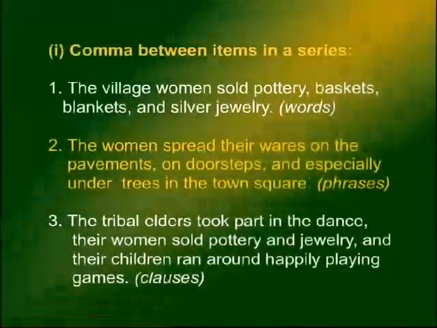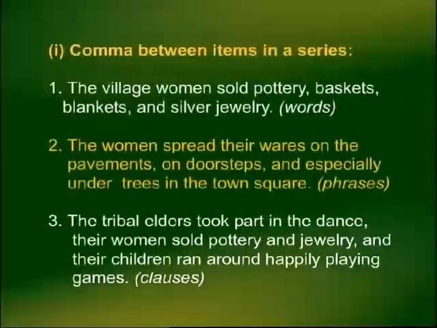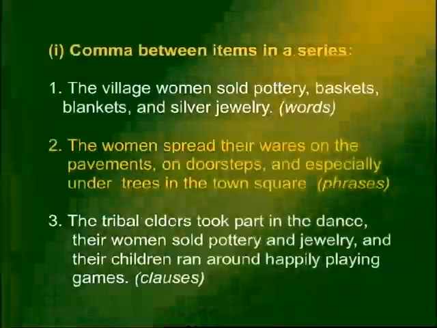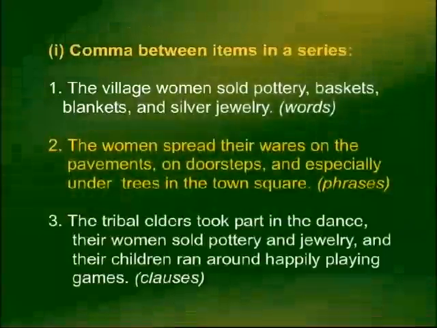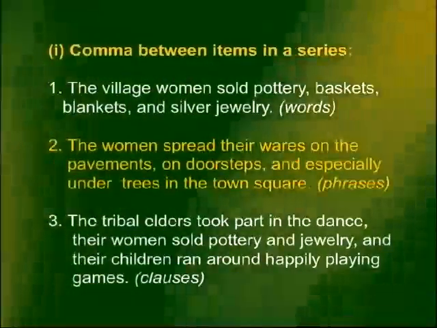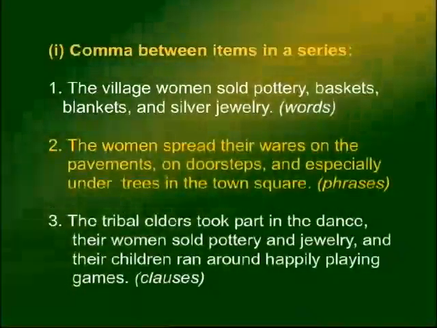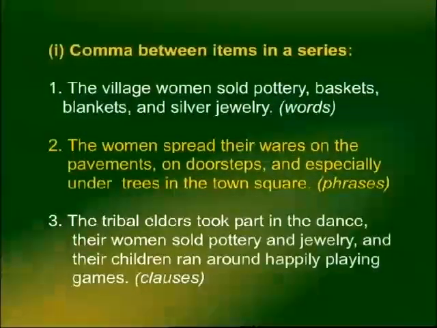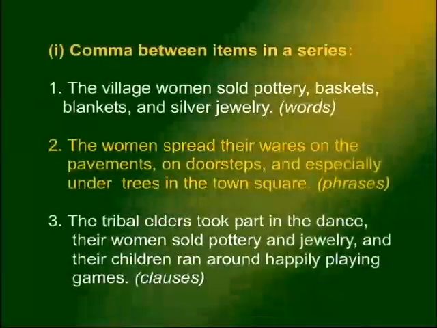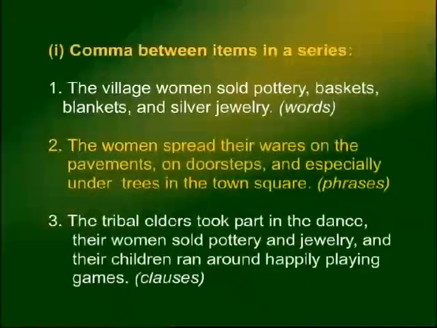The village women sold pottery, baskets, blankets, and silver jewelry. Notice that there are a series of words, pottery, baskets, blankets. You will use a comma after pottery, a comma after baskets, a comma after blankets.